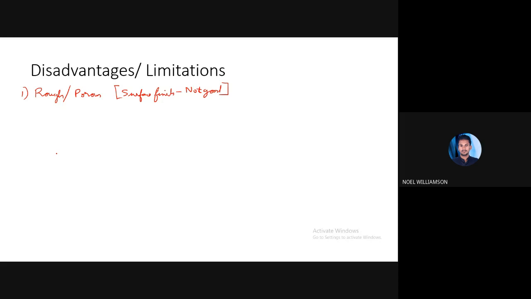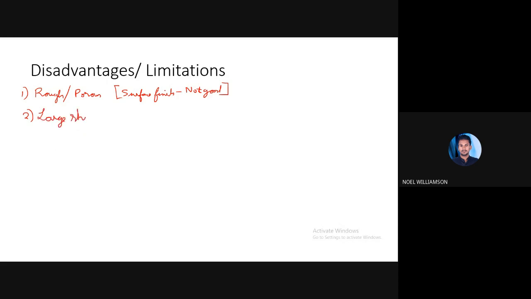So the large shrink rate of this process will increase the tendency for warping. Warping means one surface is created first, and over that another surface is created which is contracting, so there is a possibility of warping. So this is the second limitation or disadvantage, that is a large shrink rate.